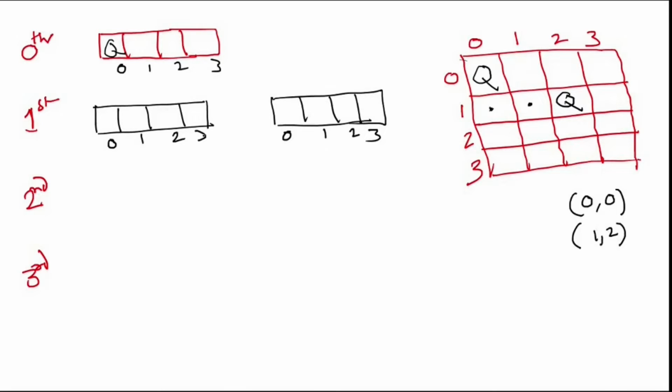That means the third location, so the recursive call has been done. One recursive call, and it has been placed at the second position. Now we are trying to place the second queen, that means the third queen on the third row, and we will check whether any attacks happen or not.